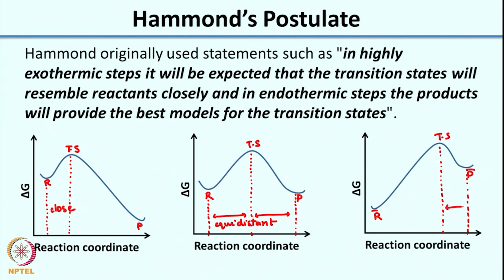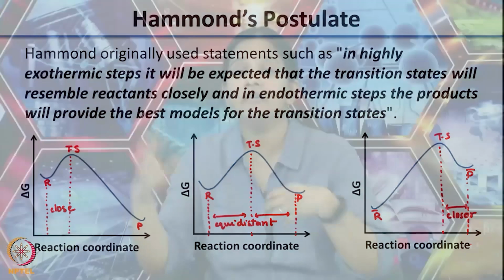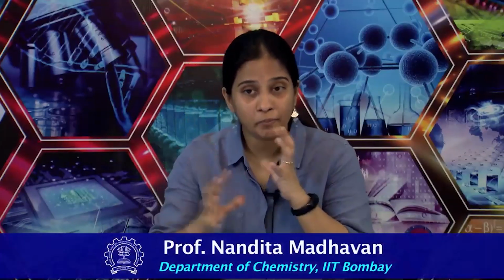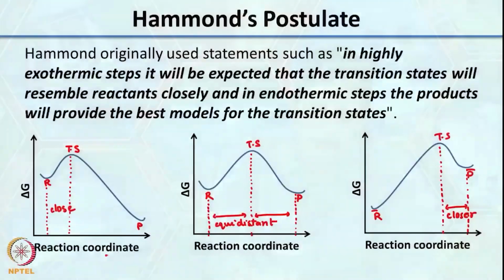You would have the transition state closer to your product. And again what I want to emphasize is, in the x axis if it is closer, it means that the geometry, the bonding is very similar in the transition state and the product in this case. So, the product would be a very good model to understand the transition state, whereas in the other case the reactant would be a very good model to understand the transition state.